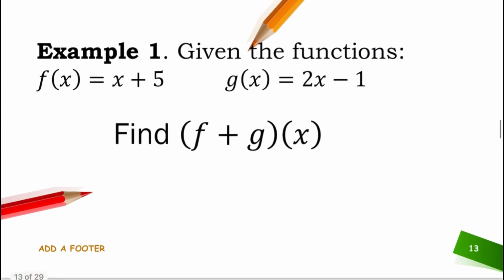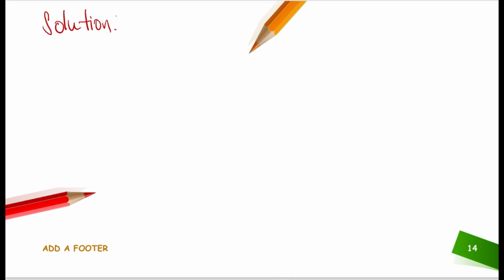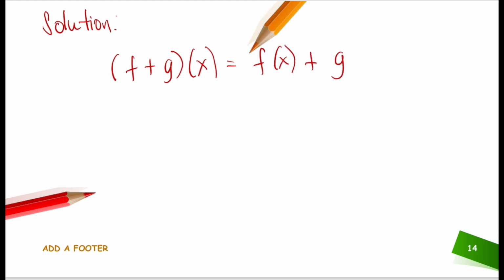Example number 1. Given the functions f of x equals x plus 5 and g of x equals 2x minus 1, find the quantity f plus g of x. For our solution, f plus g of x is equal to f of x plus g of x by definition.